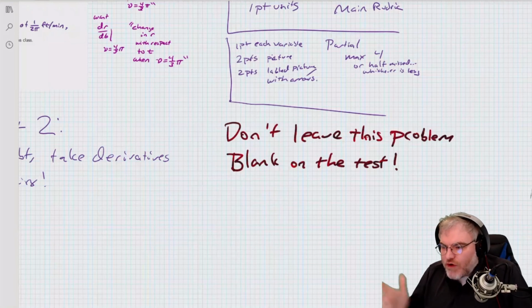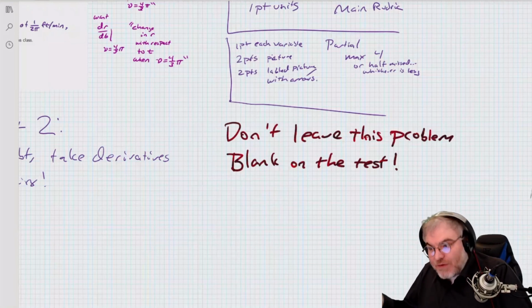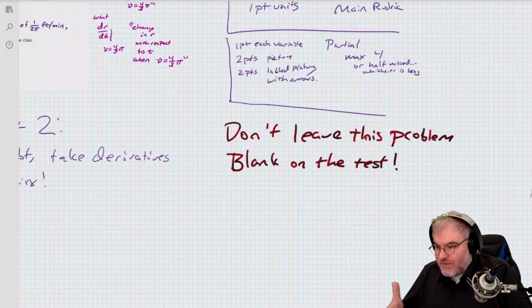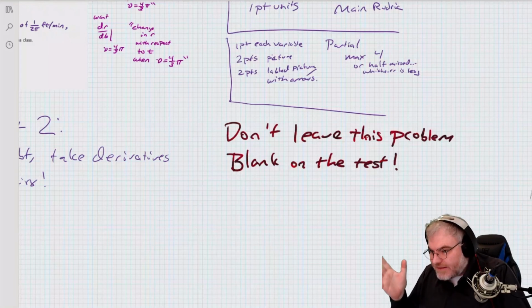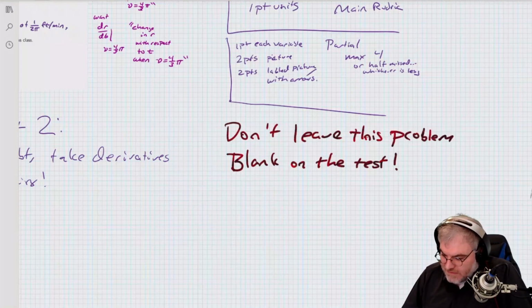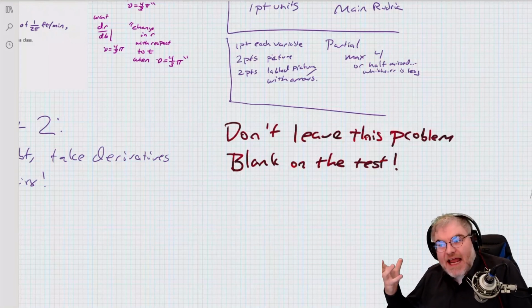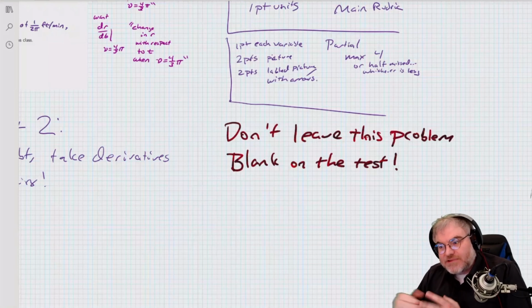If it's a 14-point problem, 7 points is a lot better than none. That's a letter grade and a half. No, it's 2/3 of a letter grade, for just doing something. The whole problem's a letter grade and a half, so 2/3 of that. Do something.